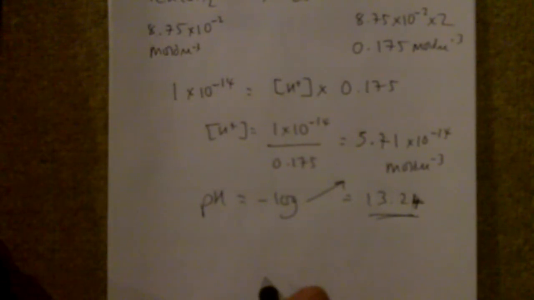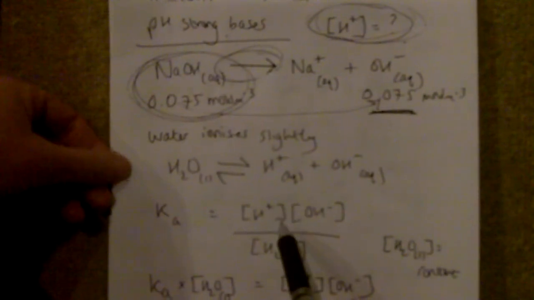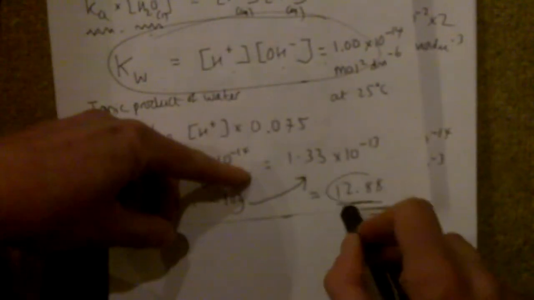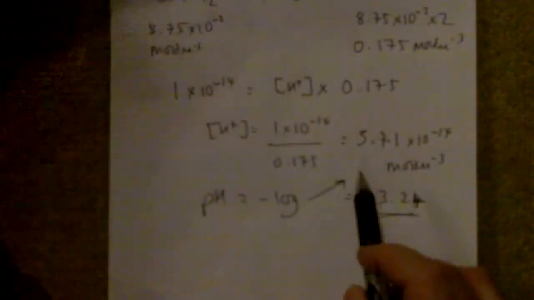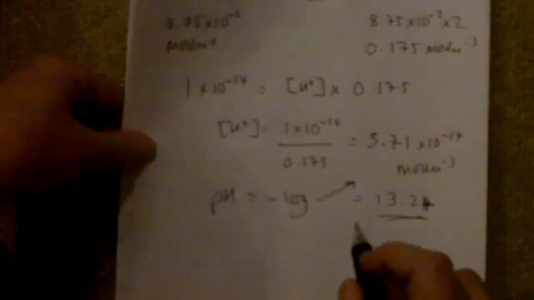There is a shortcut as well. Let me just show you a shortcut. Let's use the sodium hydroxide example for the shortcut. So there's another way to do this that can be a bit quicker. Remember with the sodium hydroxide, we've got that concentration and it gives a pH of 12.88, right? So there's a shortcut.